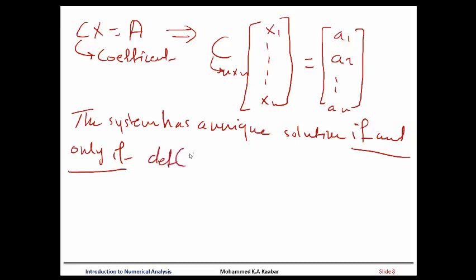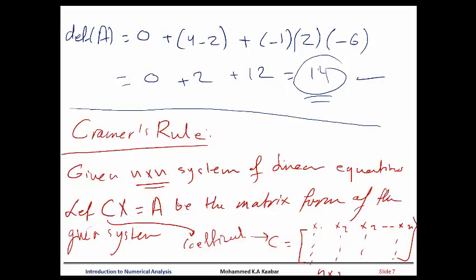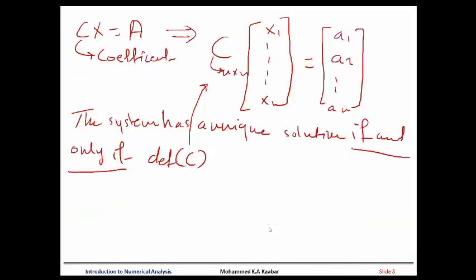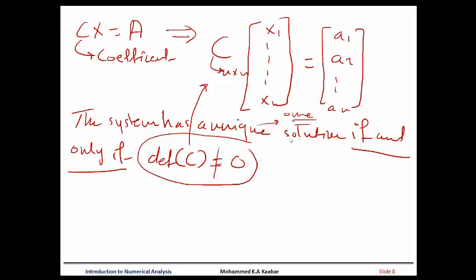Determinant of C, this C matrix. As I said, C is this matrix. Determinant of C is not equal to 0. This statement means the system has a unique solution, one solution only. A unique solution if and only if determinant of C is not equal to 0.